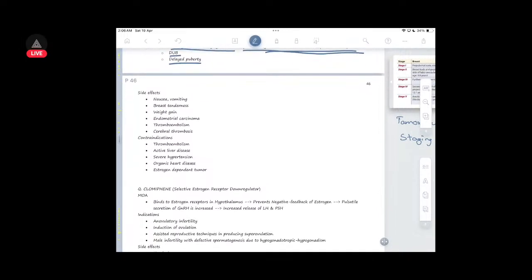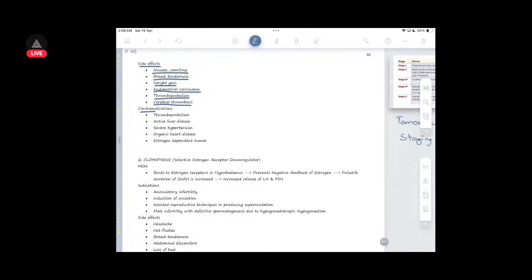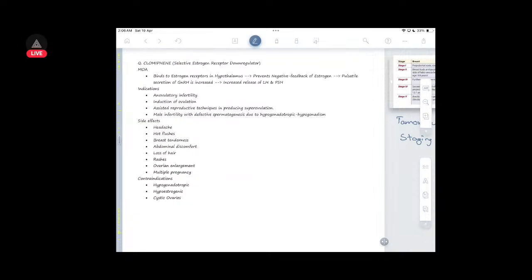Side effects: nausea, vomiting, breast tenderness, weight gain, endometrial carcinoma, thromboembolism, and cerebral thrombosis. It is contraindicated in thromboembolism, active liver disease, severe hypertension, organic heart disease, and estrogen dependent tumor.